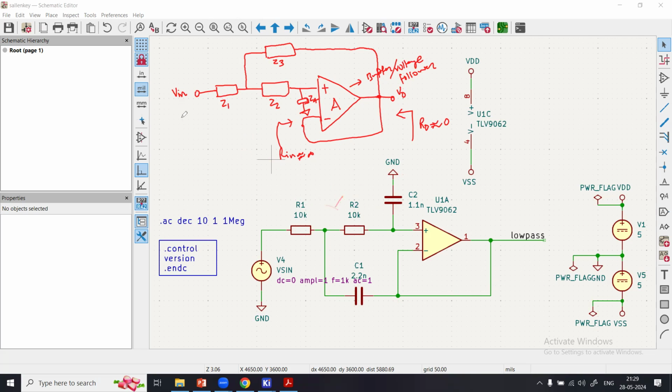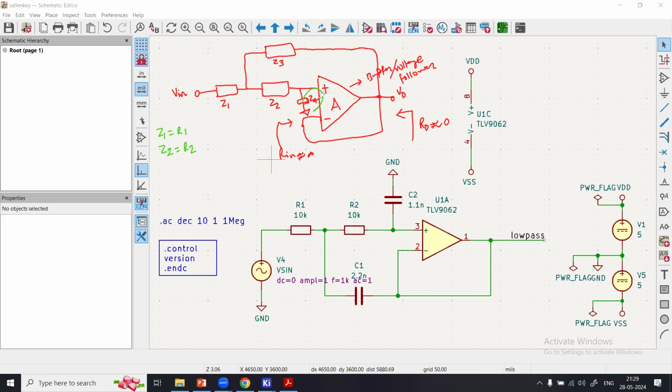So what I have done, let me say my Z1 right here is actually R1. So you see here, Z1, that is the impedance, is actually R1. And then my Z2 is actually R2. So you see that Z2 actually is R2 right here.